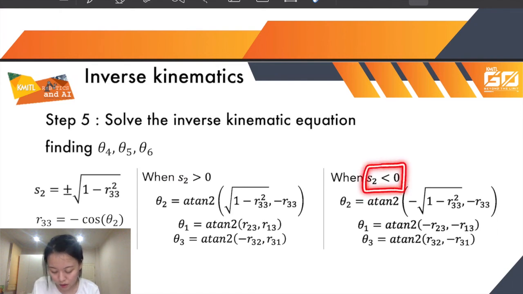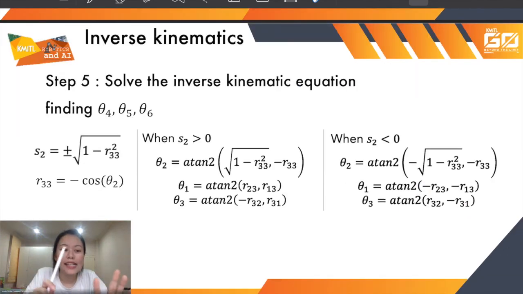If S2 is a negative value, the equations will change a little bit, like we have to use the minus. After we find theta 1, theta 2, and theta 3, we get theta 4, theta 5, and theta 6, so it will be all calculated and can be used for the robot moving now.